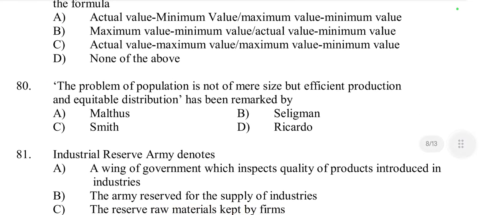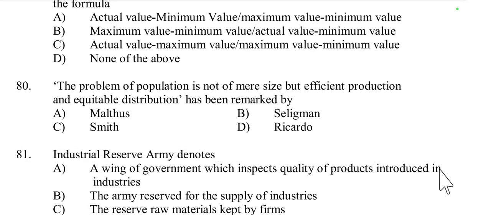Then today's last question, question number 80. The problem of population is not for mere size but efficient production and equitable distribution. This statement was remarked by Malthus, Seligman, Smith or Ricardo.